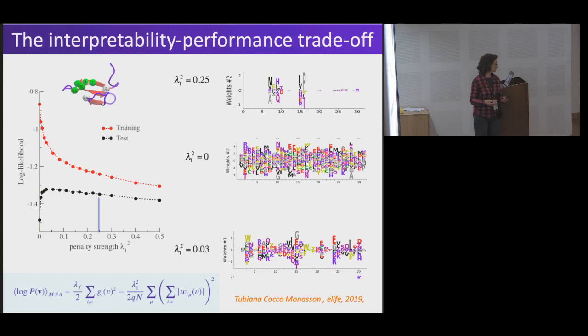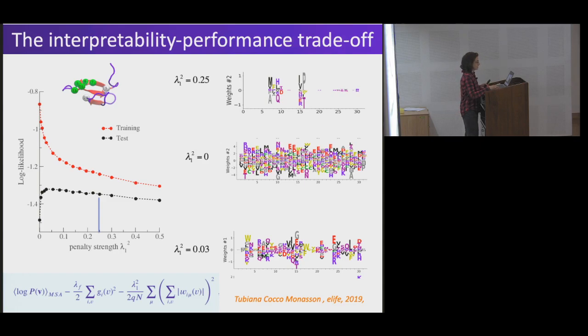But yes, the idea is that moving on these penalty strengths, you will have sparser weights, and you will lose something in log likelihood, but less. Here, for example, it will not change so much, even if you go to this value. And this is what you have with this cross-validation analysis.